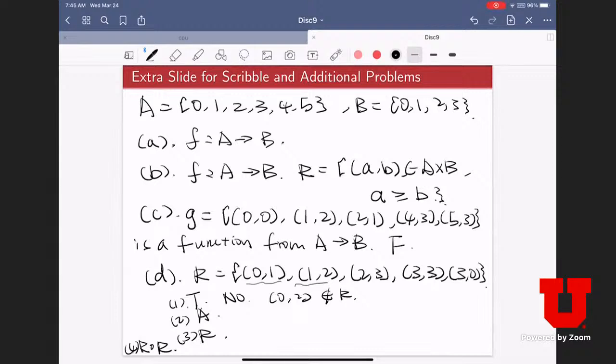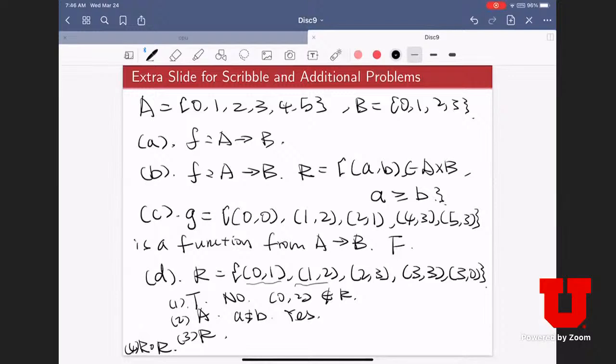And then is R antisymmetric? Yes, R is antisymmetric. For the other pairs where A is not equal to B, we cannot find both (A, B) and (B, A) in R. So R is antisymmetric. And reflexive.